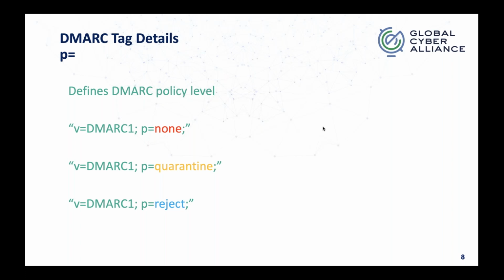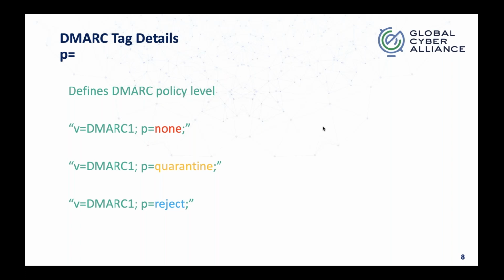Remember, only one DMARC record per domain, not including subdomains, so one DMARC policy per domain. v=DMARC1 comes first, semicolon, p= then the policy level, semicolon, comes second. This always has to start this way, and after that, you can put whatever tags in any order.